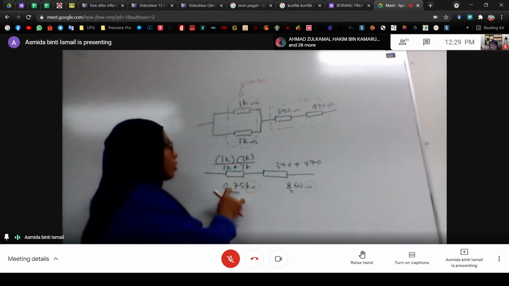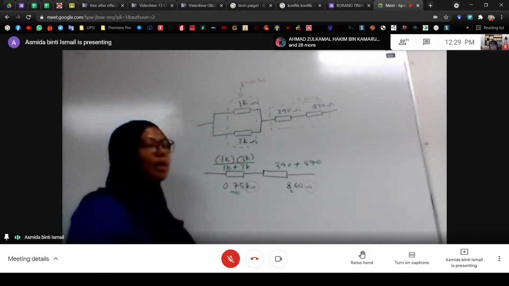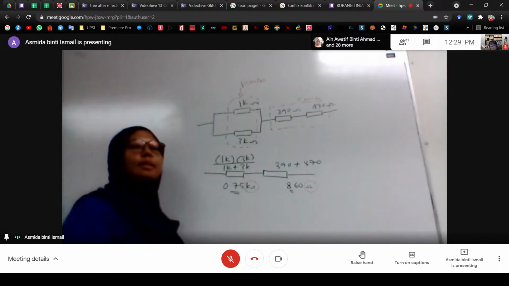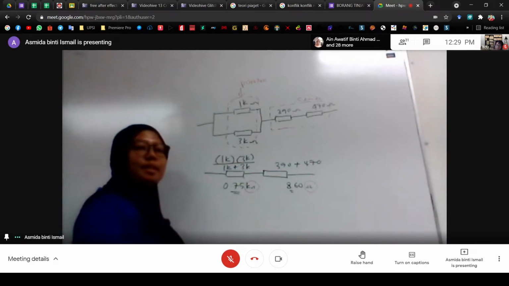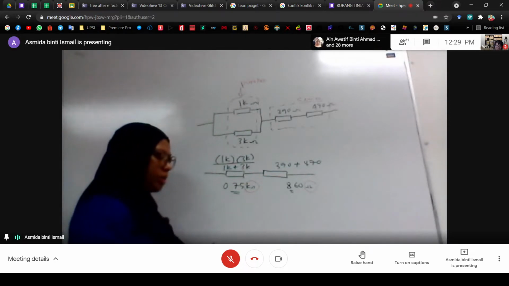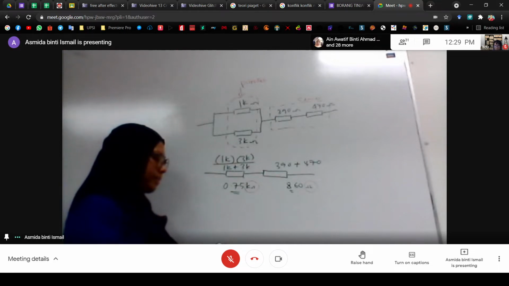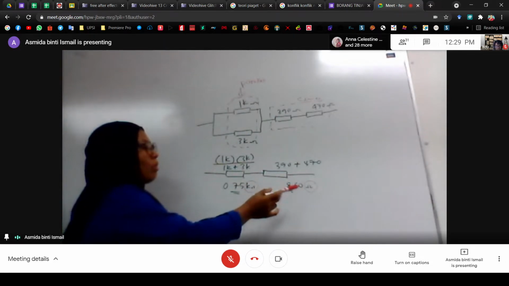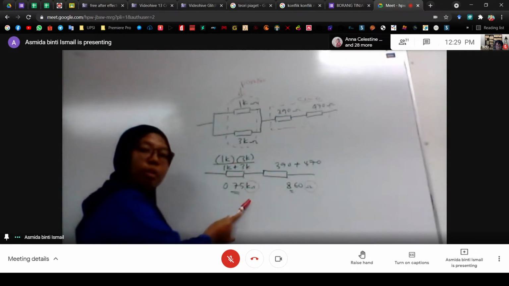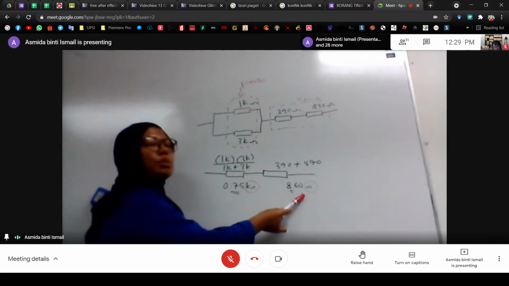Awak tak boleh ambil 0.75 tambah 860. Jawapan awak mesti salah nanti. Okay. Unit kena sama. You need to sum up the same unit. You need to convert this to ohm, or you need to convert this to kilo ohm.